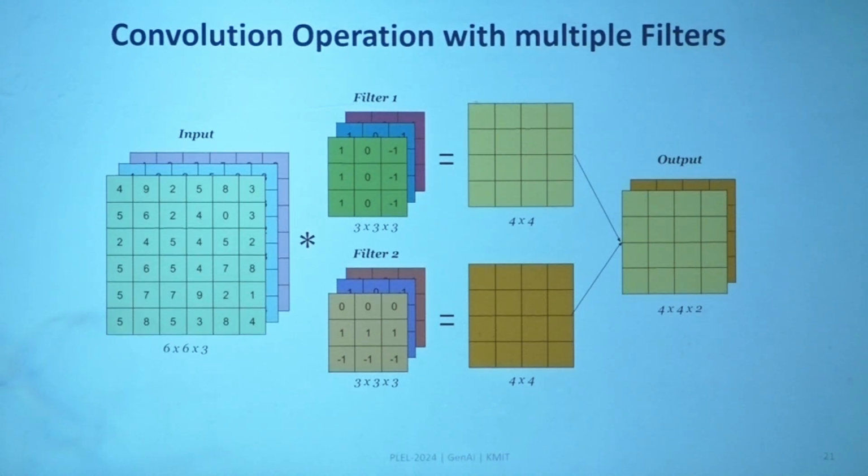What is that 2? The channel depth, which is nothing but the number of kernels that you applied in the convolution layer. How many kernels did you use? 2 kernels, each of size 3 by 3.